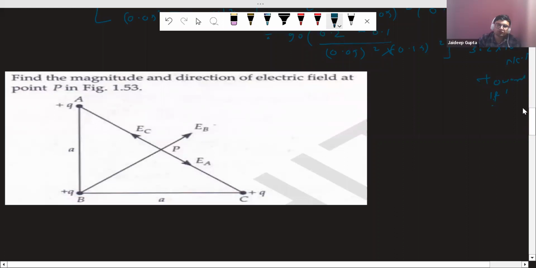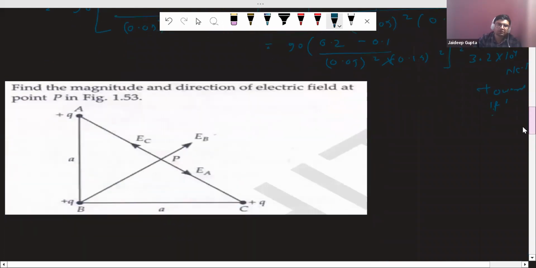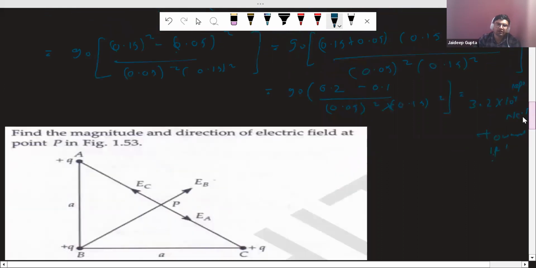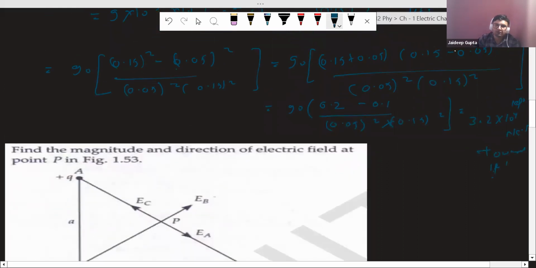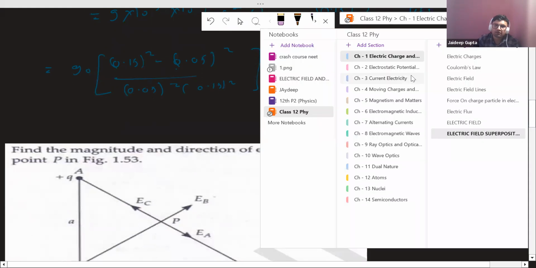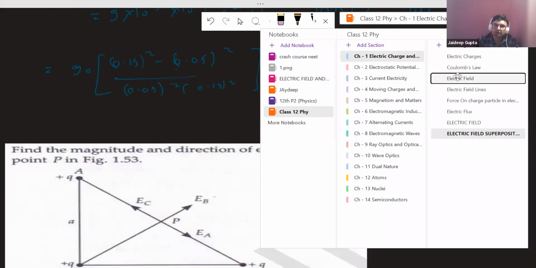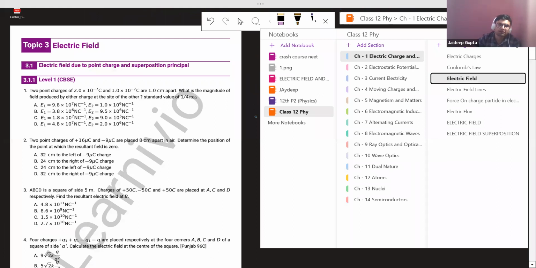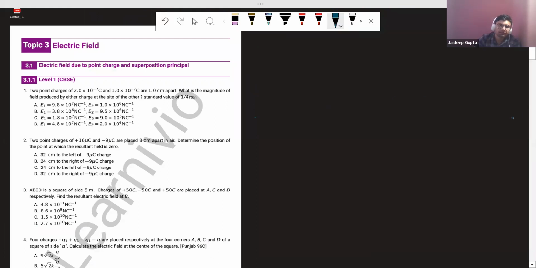Now this question, try at home. Find the magnitude and the direction of electric field. Just a minute, Iram. Mark the questions in assignment electric field due to a point charge. First question. Second question.